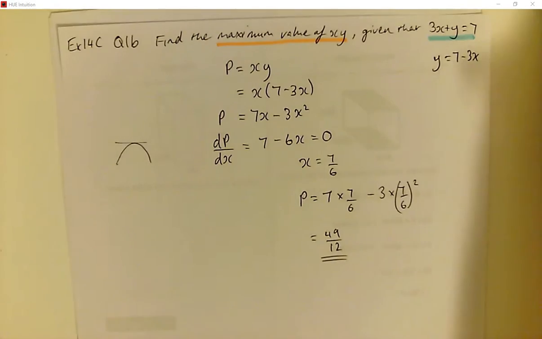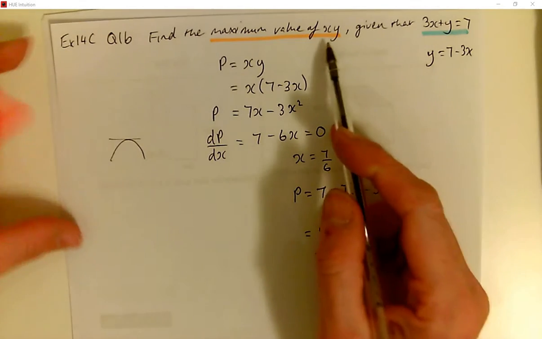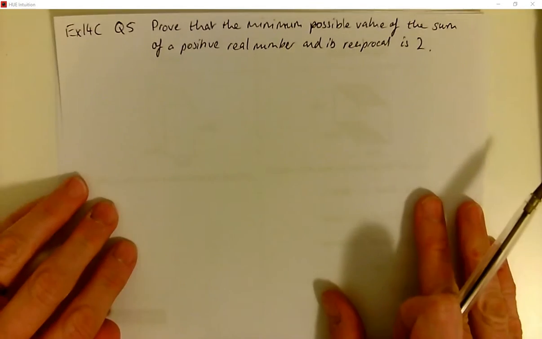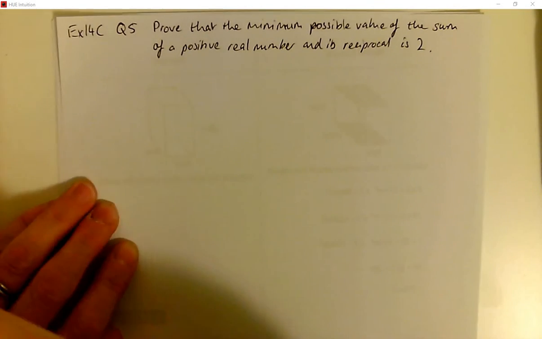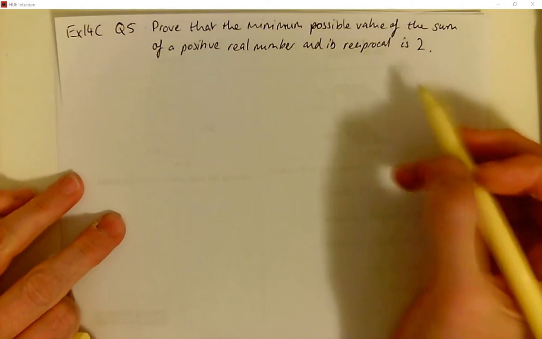Okay. So they're relatively straightforward, but the whole xy thing sometimes confuses people. This next one is a proof instead. So here's our question. Prove that the minimum possible value of the sum of a positive real number and its reciprocal is 2.